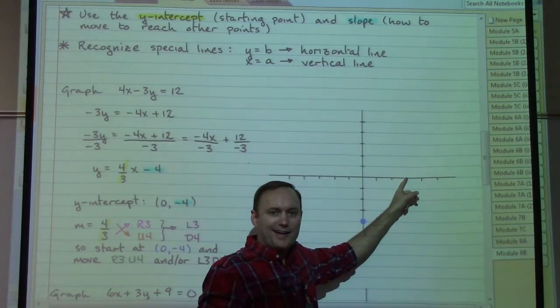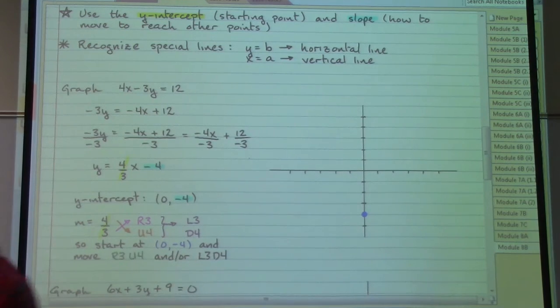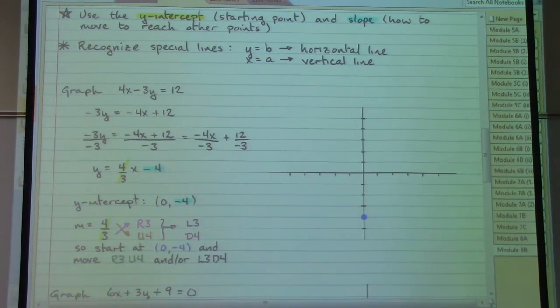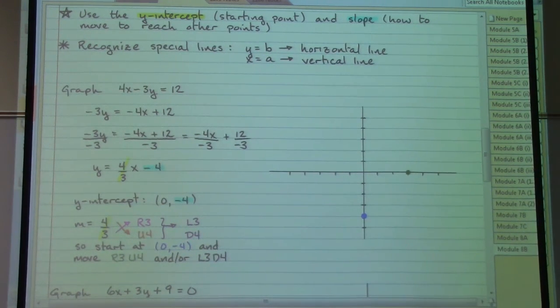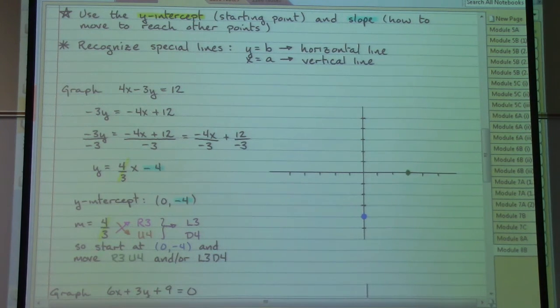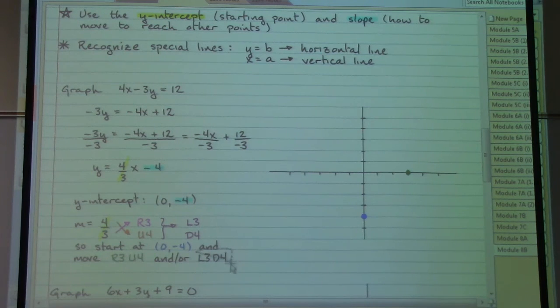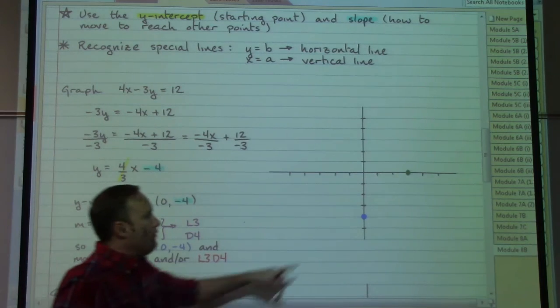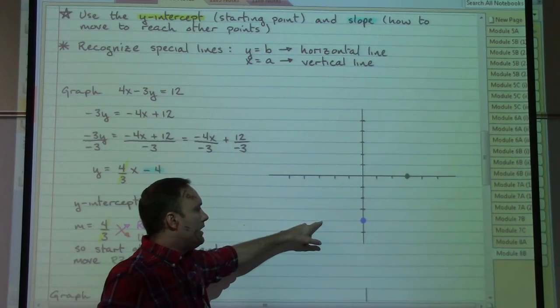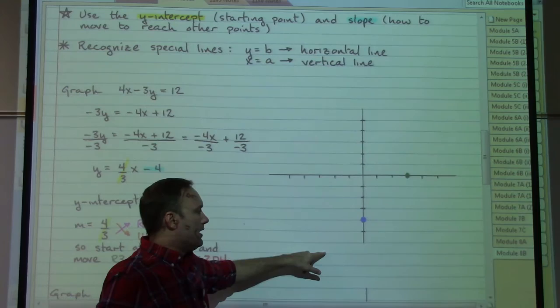Oh, hey, look at that. What a nifty little coincidence that we would end up arriving at that particular special location. There's our x-intercept. The other possibility is that from our blue point, we could move to the left 3 and down 4. 1, 2, 3, down, down, down, down.